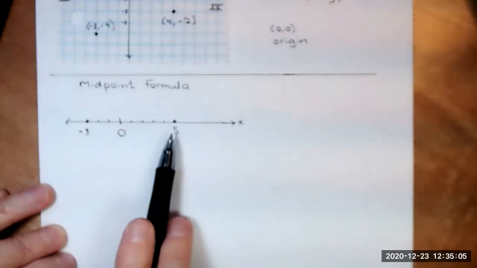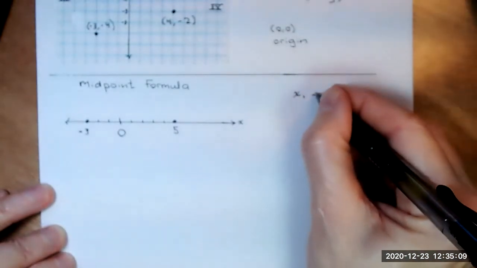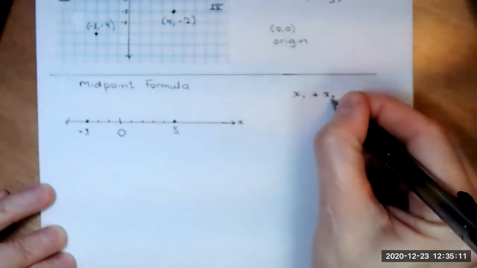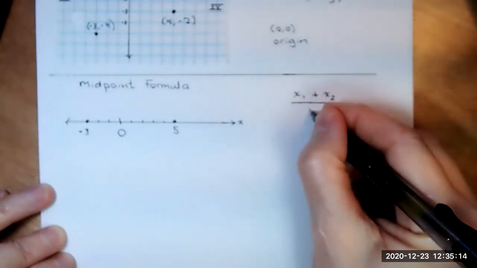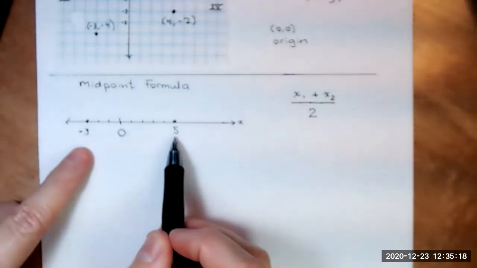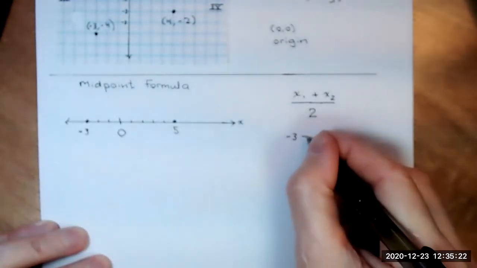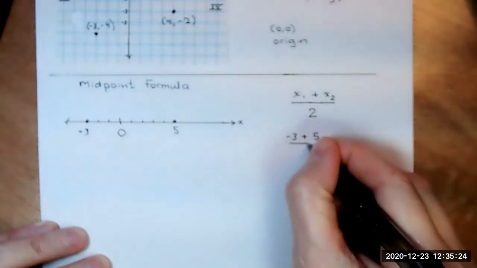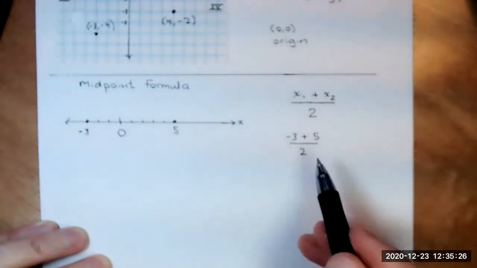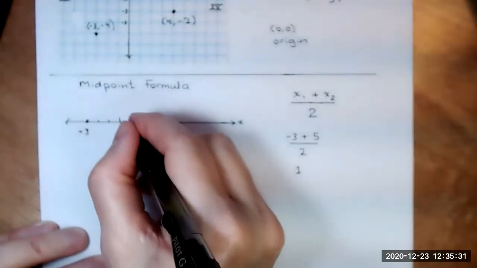Well, you just add the 2 points and divide by 2. So you can actually think of it as an average. So -3 plus 5 divided by 2 is 2 over 2 or 1.